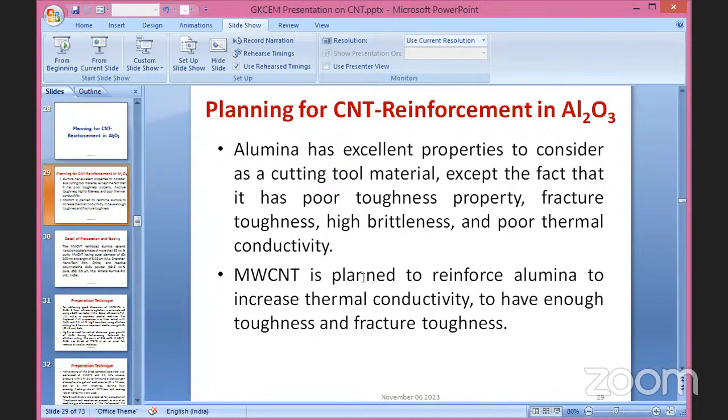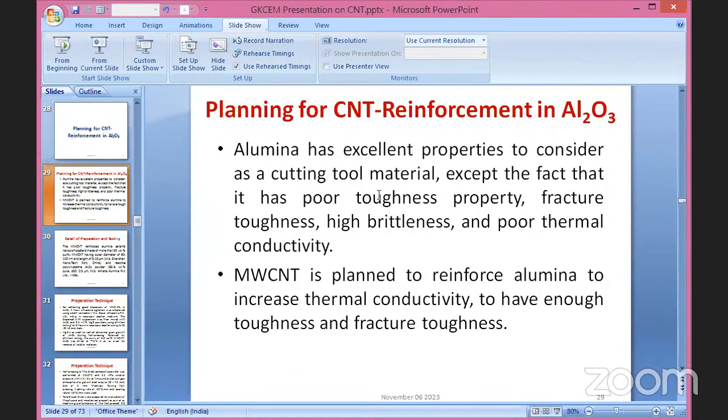Also, it is highly brittle and has poor thermal conductivity. So alumina is extremely hard, which is a very good property, and refractoriness is there, but it is having poor toughness, very low ductility, that means it is highly brittle, and very poor thermal conductivity. So these things are to be improved.